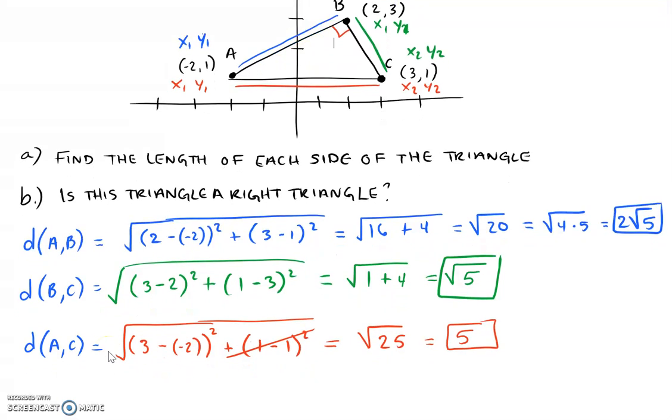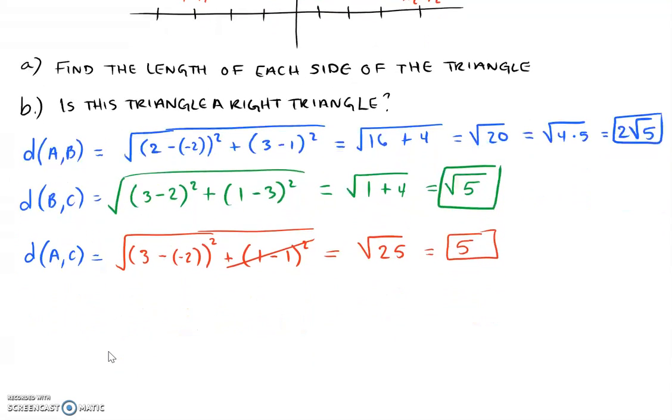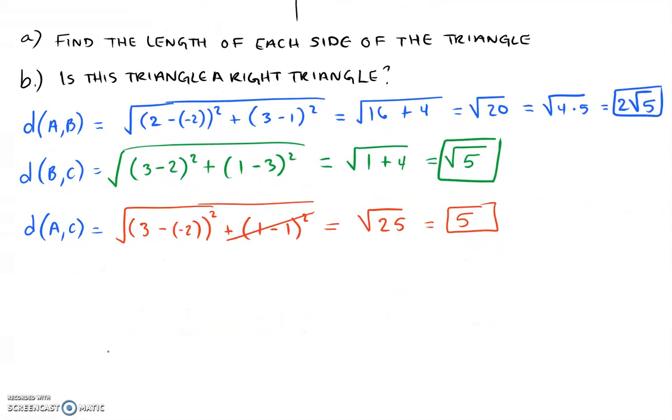All right, so let's go ahead and write out the Pythagorean theorem. The Pythagorean theorem, we'll call it PT for short, simply states that c squared is equal to a squared plus b squared. And these would basically be the sides of our triangle.